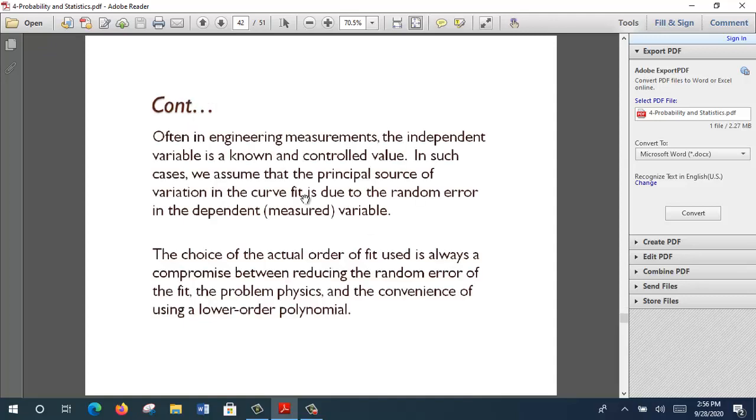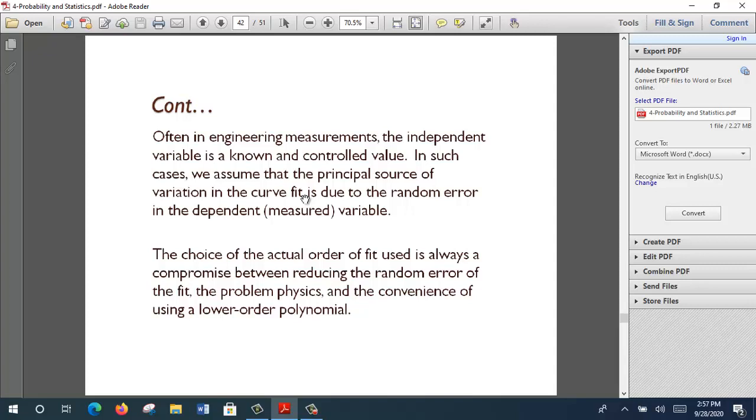We'll go through the example after this. Often in engineering measurement, the independent variable is known as the control value. In such cases, we assume that the principal source of variation in the curve fit is due to random error in the dependent measured variable.